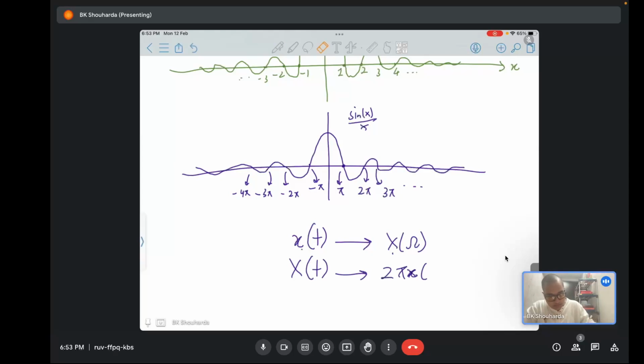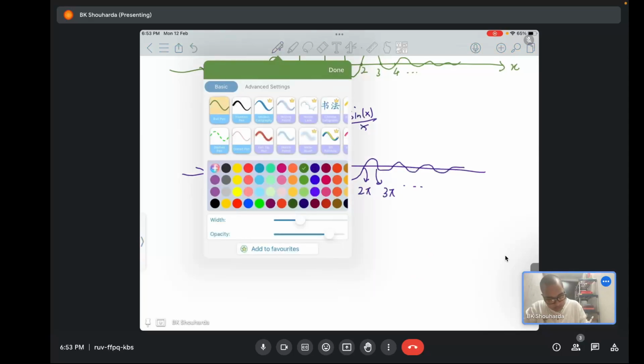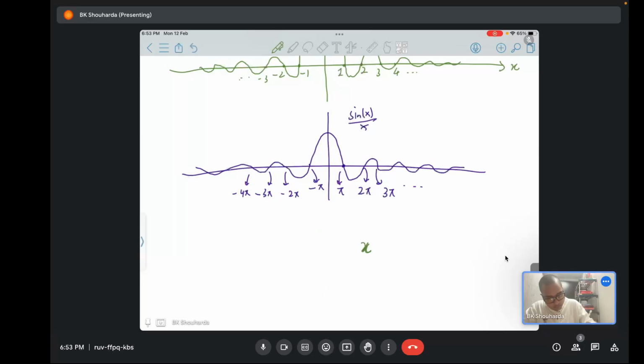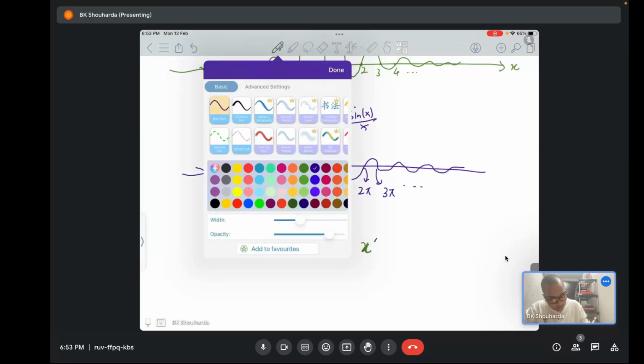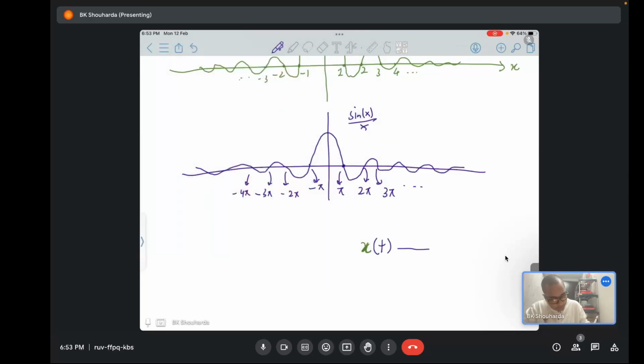Let me use different colors. X of t gives me X of omega.